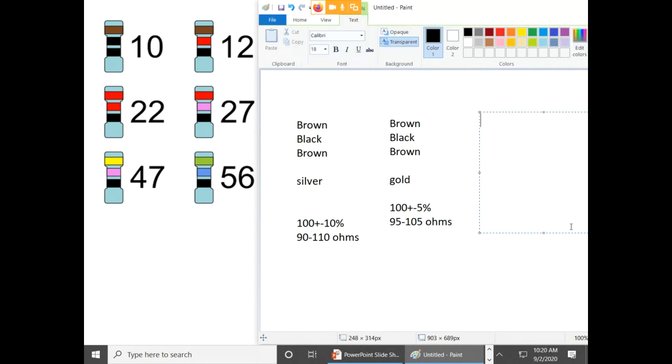If I had a resistor that was brown, black, brown, with a red band, it would be 100 ohms plus or minus 2%, which means that this resistor would only be able to vary between 98 to 102 ohms.